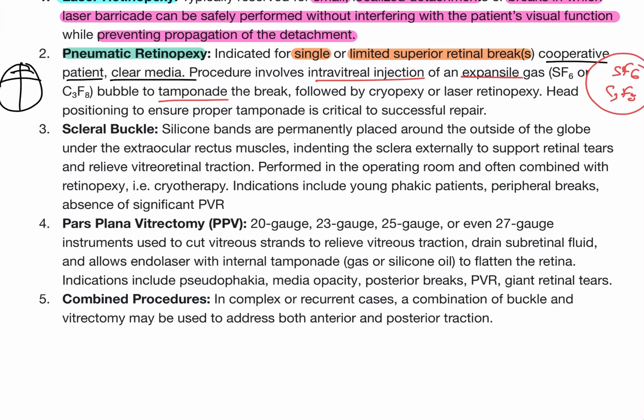The neurosensory retina and your retinal pigment epithelium, this acts as a bubble and creates a tamponade. Following the tamponade, you can do cryopexy or laser retinopexy, and that will lead to proper attachment. But the patient needs to maintain his head position for about 3 to 4 days. Because of that, this is not that compliant in India.